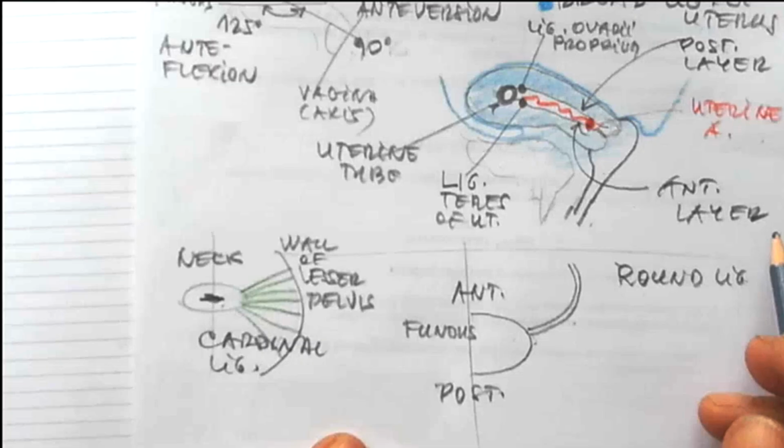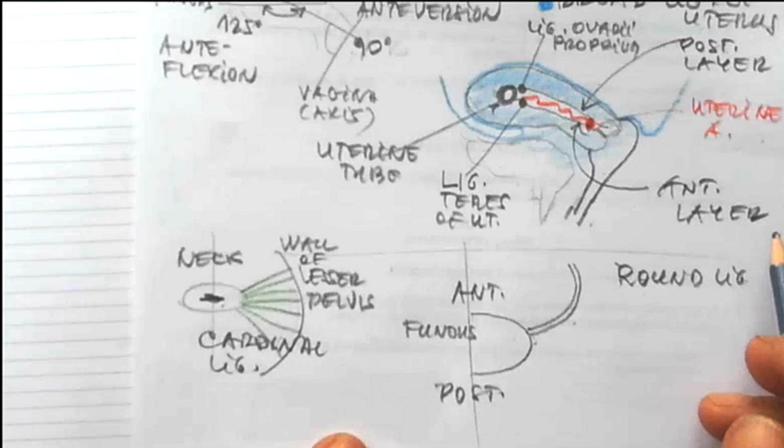This ligamentum is called ligamentum ovarii proprium, which we already said is on this diagram, and then that ligament, using also green, is called the suspensory ligament, ligamentum suspensorium ovarii, not bad to know.